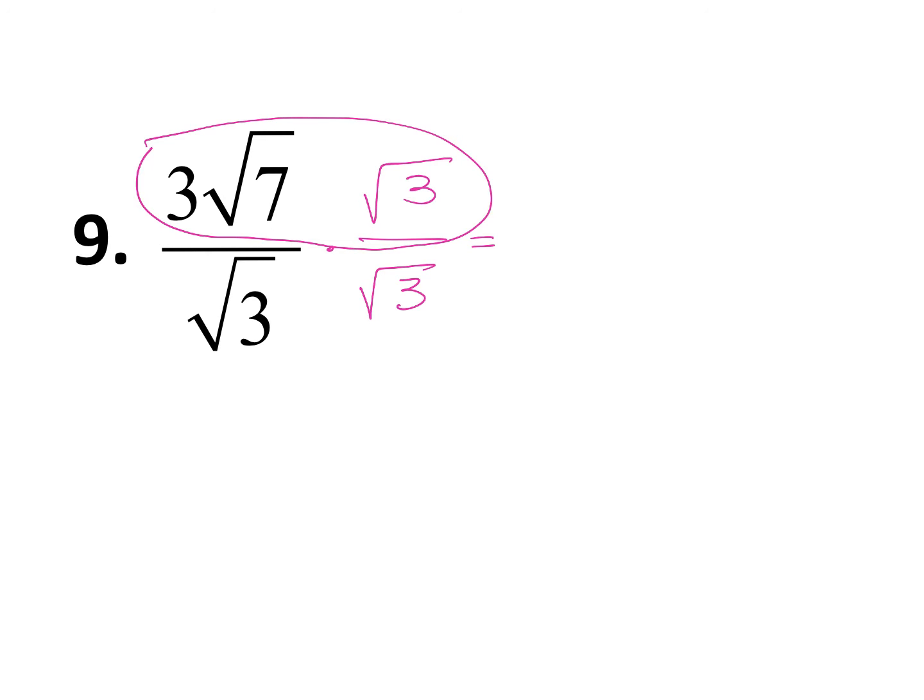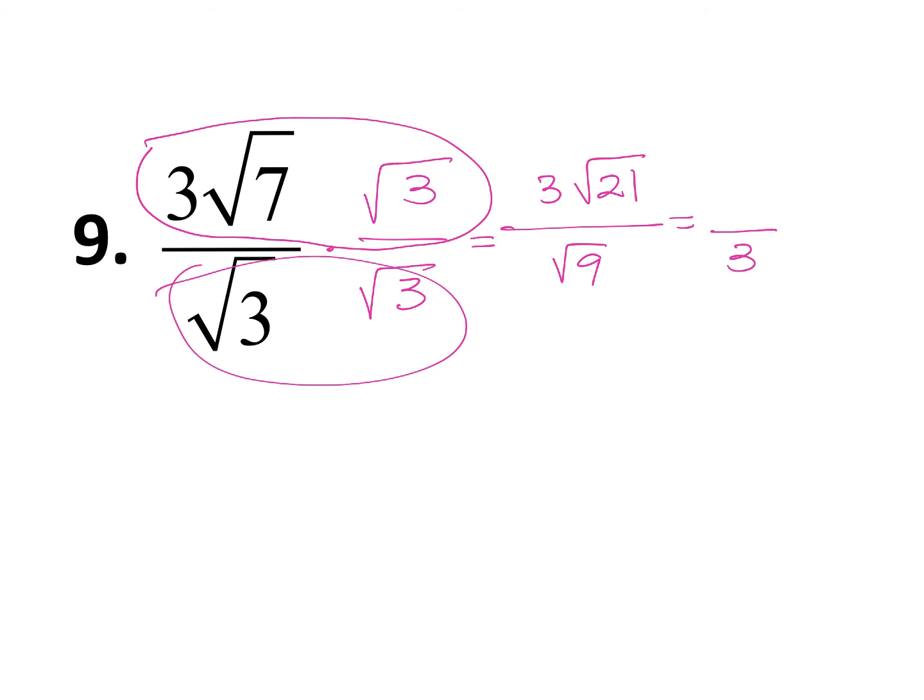So the 3 doesn't get multiplied by anything, but square root of 7 and square root of 3 becomes the square root of 21. And that's over, what does this become? Square root of 3 times the square root of 3 is the square root of 9, but the square root of 9 is just 3.